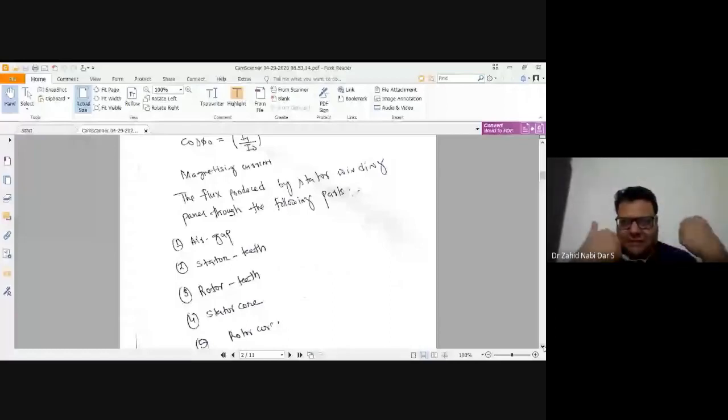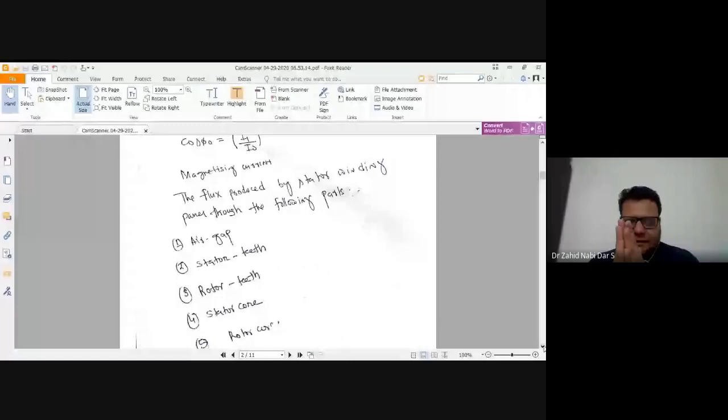This stator core flux links with the teeth of the stator, which are linked with the rotor teeth, but there is no electrical connection between the rotor and the stator teeth because they are separated by some air gap. So the magnetizing component means you are encountering your air gap, then your stator teeth, rotor teeth, then your stator core, rotor core. These are the factors linked with your magnetizing component.